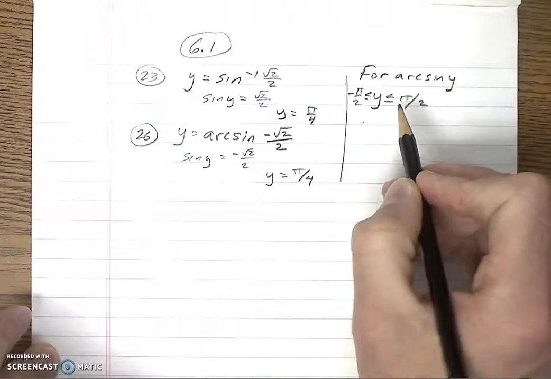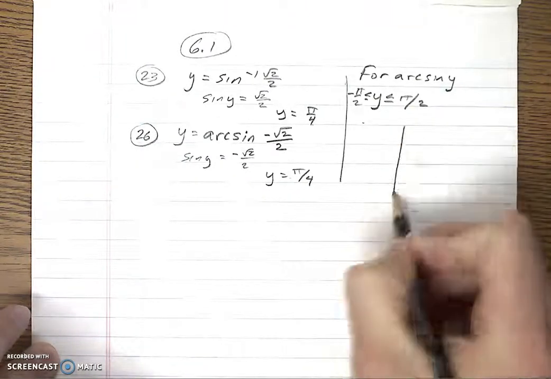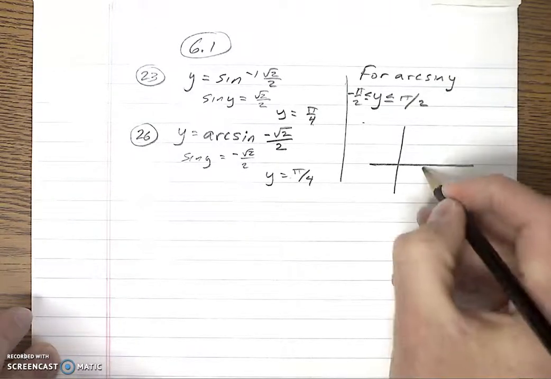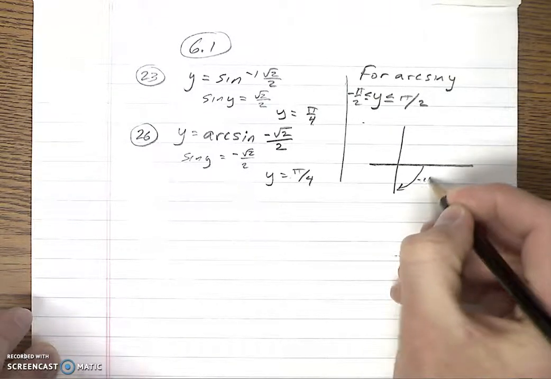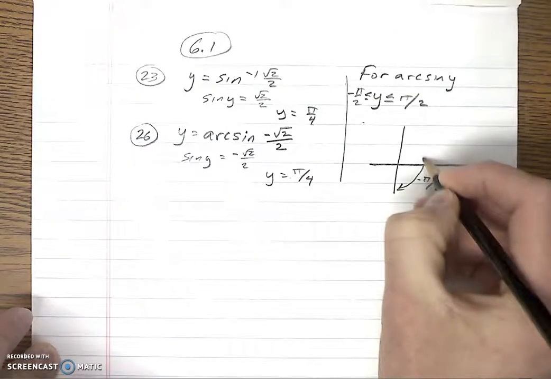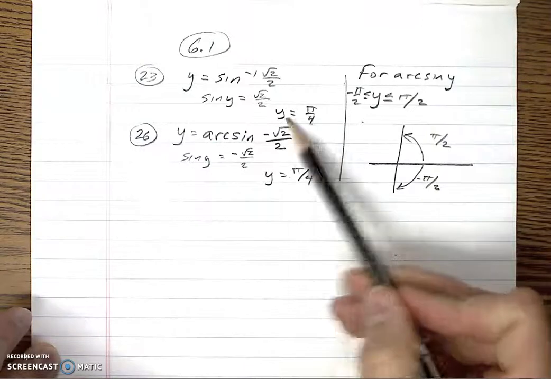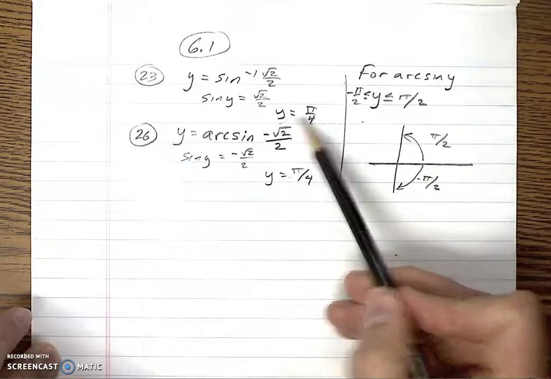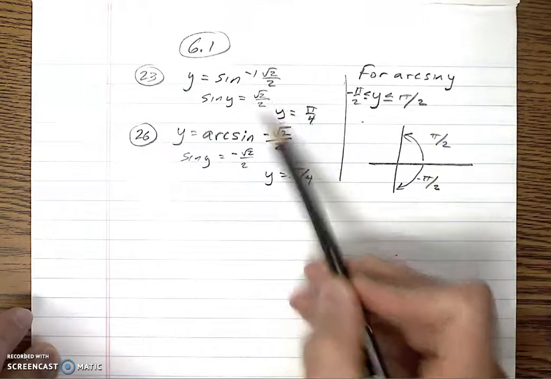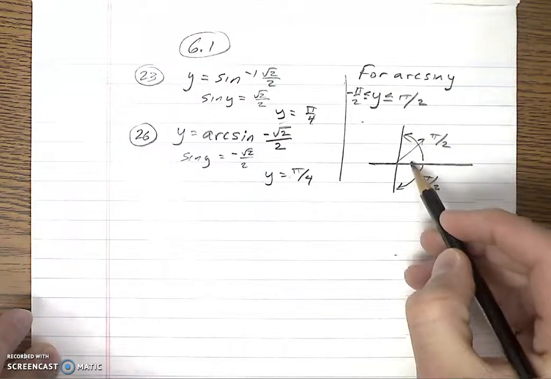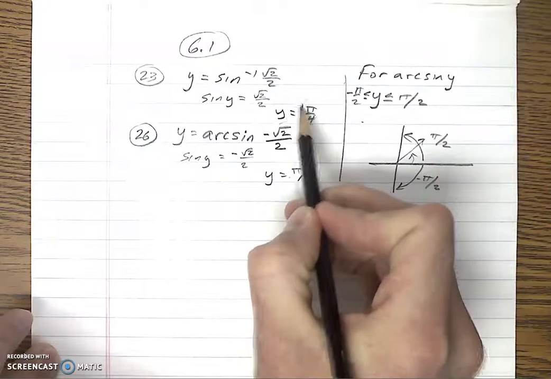Okay? So we can actually draw the interval and say, look, there's negative pi over 2 for your angle. There's pi over 2 for the angle. And so if this is going to be a pi over 4, a positive pi over 4 to get a positive sign, it's got to be right there in that quadrant. So we know it's positive pi over 4.